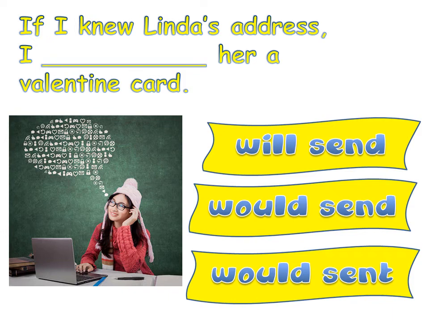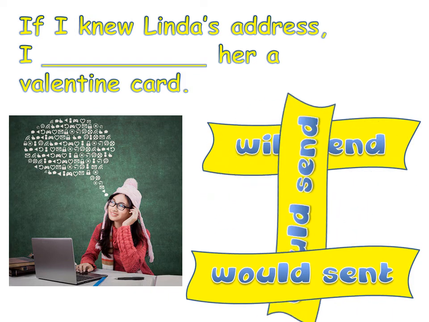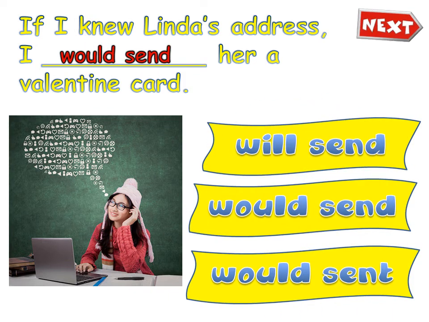So I need to write the second answer, which is correct. If I knew Linda's address, I would send her a Valentine card. I always apply the rule of conditional type 2 to express something that is not possible at the time being, an imaginary situation.